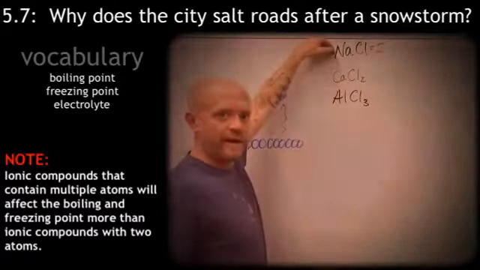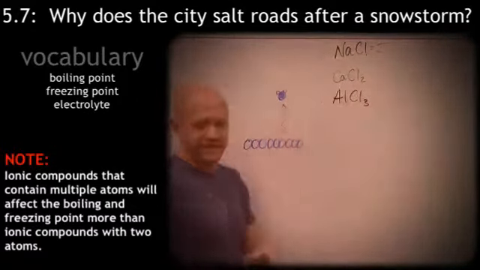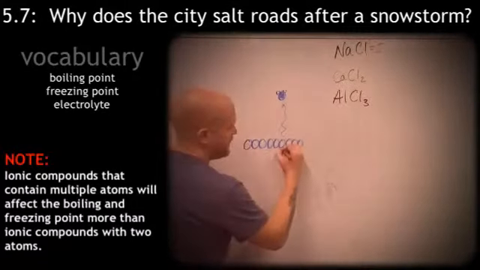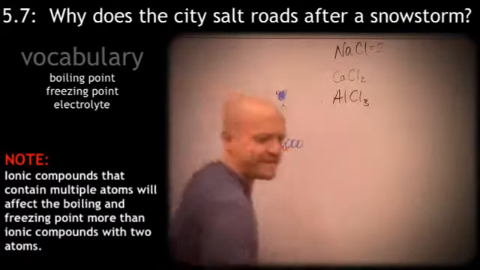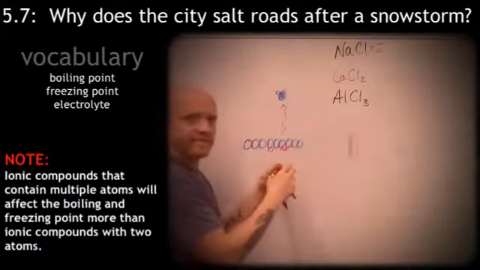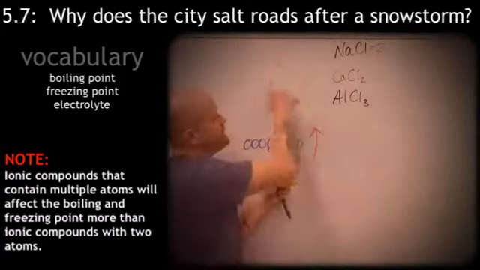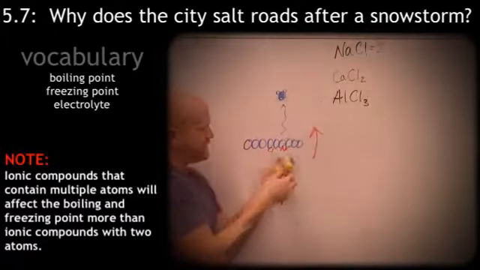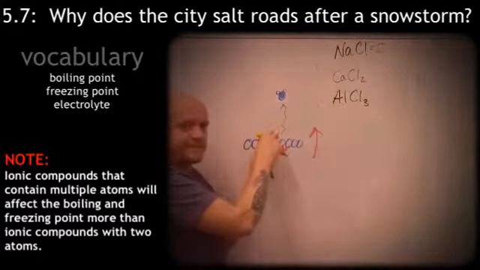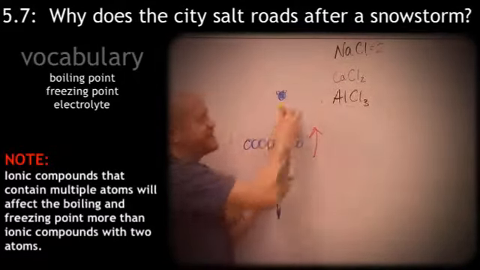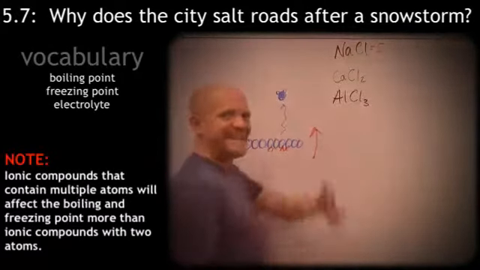If you put sodium chloride in there, it's going to mess up the boiling point. It's going to require more energy, because these sodiums and chlorines are going to hold down these water molecules. You need to increase the temperature to get these water molecules to float away, because the sodium is holding on to the oxygen and the chlorines are holding on to the hydrogens. So it requires a lot of energy to shake this away into the gas phase. So the boiling point is increased.